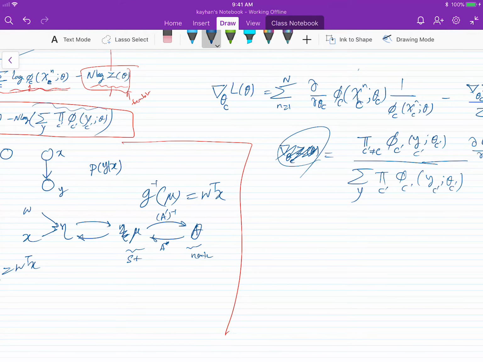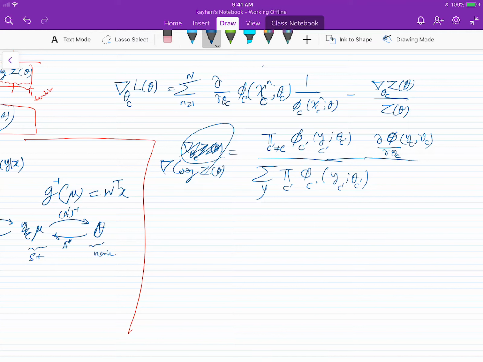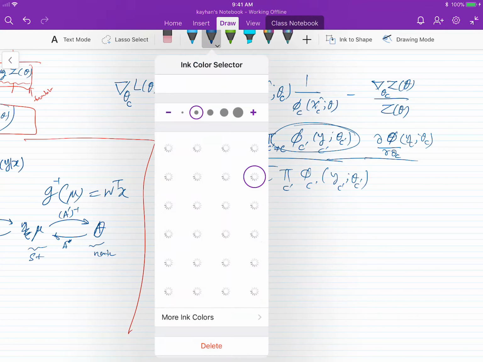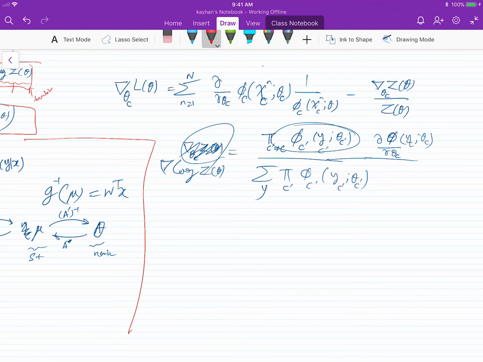So I was taking the log of this term, log of Z. I can multiply by theta c and divide by it, to complete this term. Let's do that. Let's multiply it by the clique term with theta c.